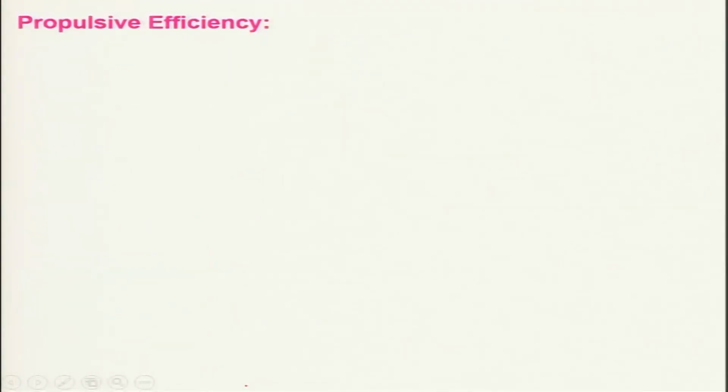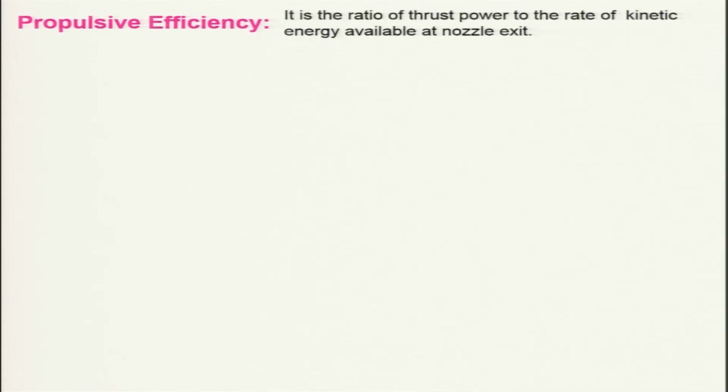Let us now define another term, which is called the propulsive efficiency. It is defined as the ratio of the thrust power to the rate of kinetic energy available at the nozzle exit. So this is the thrust power divided by the thrust power plus the rate of change of kinetic energy. In the thermal efficiency, this denominator was the numerator.